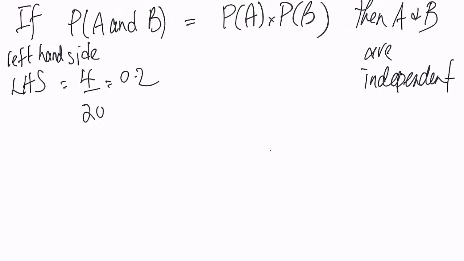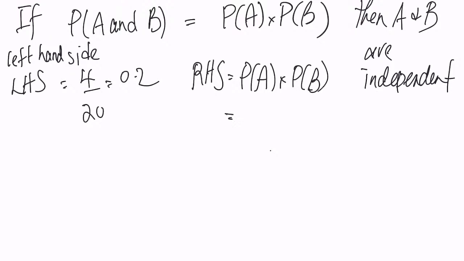Now what I have to do is check the right-hand side. The right-hand side is equal to PA times PB. What's PA? PA was 40%, and PB was 50%, and 40% times 50% is 20%.